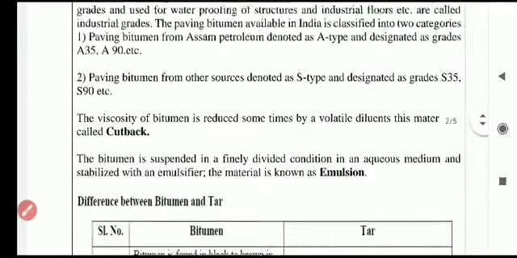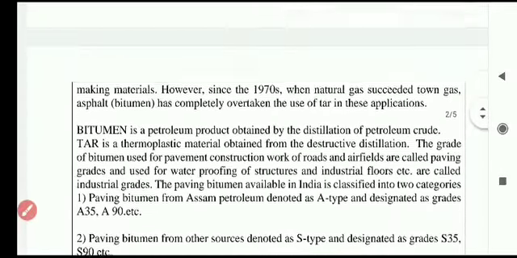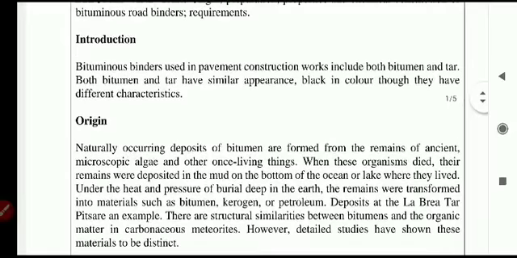So this is about, friends, the manufacturing process of bitumen, and we also got to know what cutback bitumen means. If you add petrol, diesel or kerosene, these three materials known as volatile materials, to the natural bitumen, then that bitumen forms a different material.